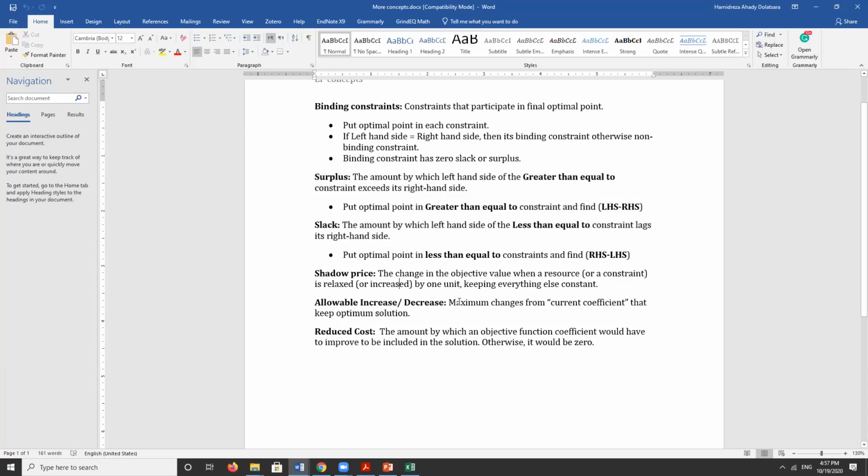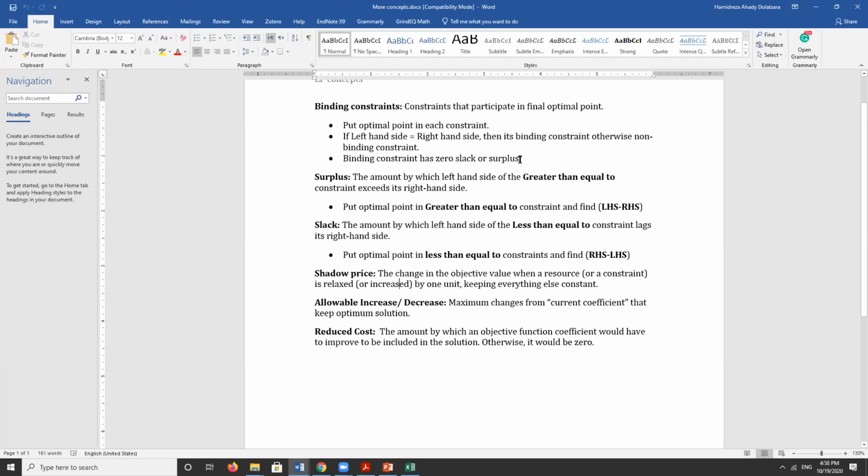Why is it important that we define a binding or non-binding constraint? Actually, you want to learn the language of linear programming, how to communicate with other people. Basically, if the constraint is binding, it just means those constraints make your optimal solution.